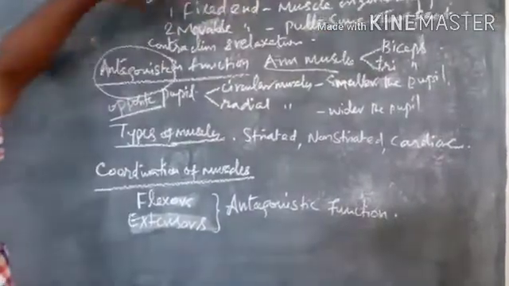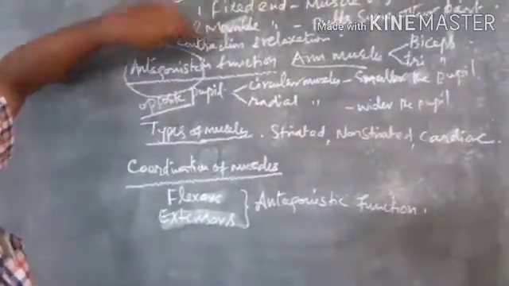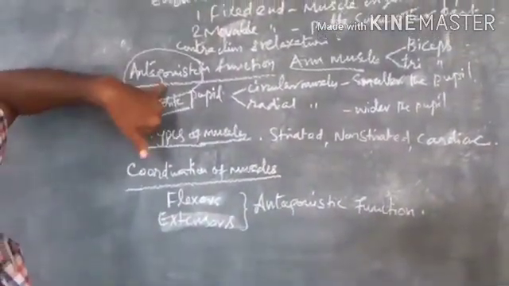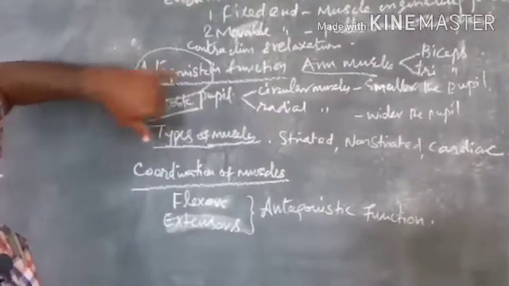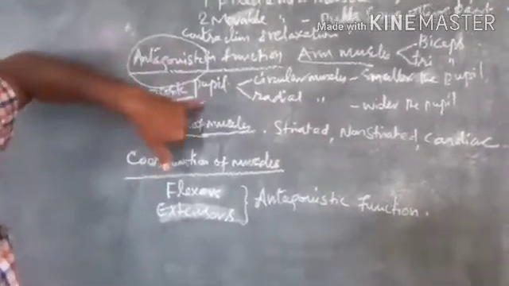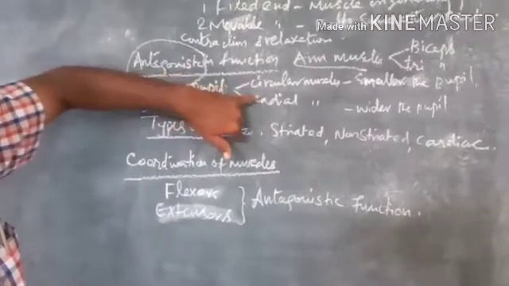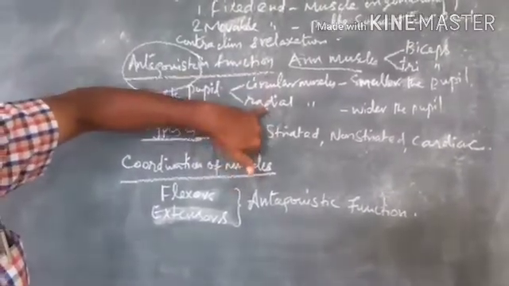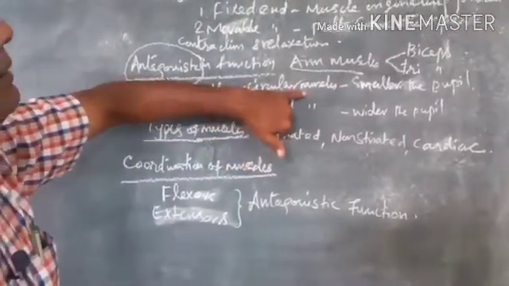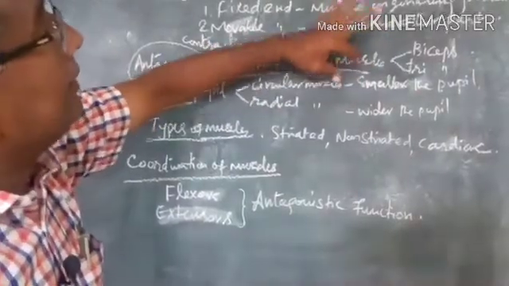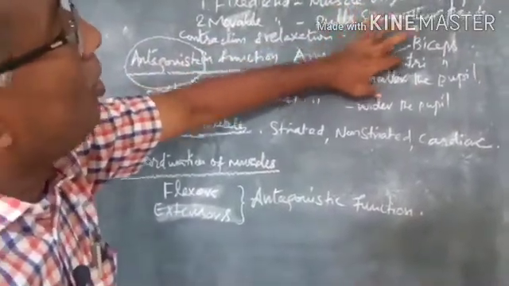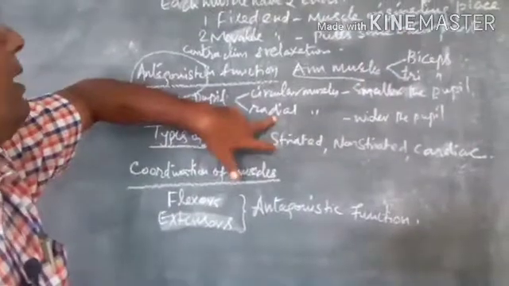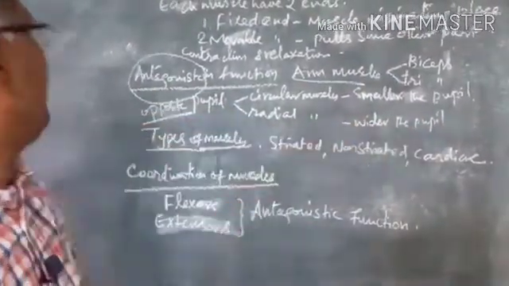That is why contraction and relaxation is called antagonistic function in each and every muscle in our body. One more example is the pupil. The pupil has circular muscles and radial muscles. The circular muscles make the pupil smaller, whereas the radial muscles widen the pupil.